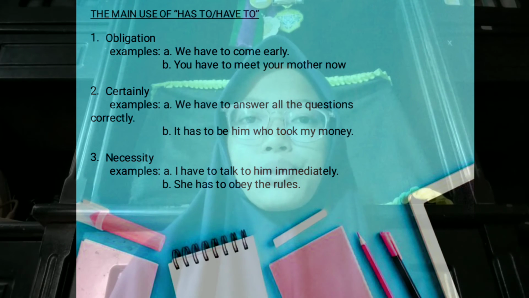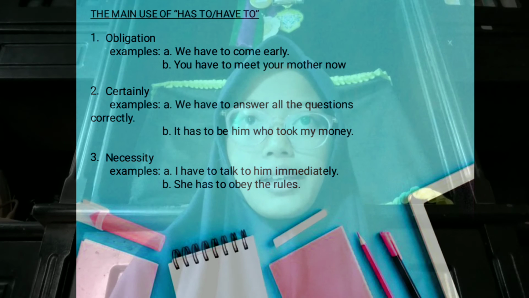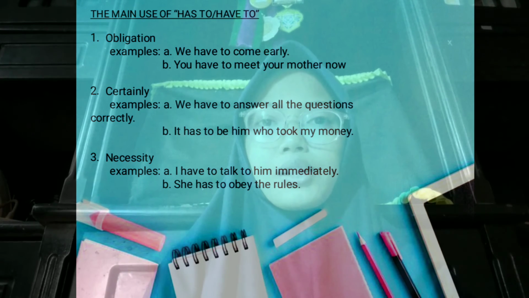Next slide. The main use of has to or have to. First, for obligation. Examples: A. We have to come early. B. You have to meet your mother now. Second, for certainty.